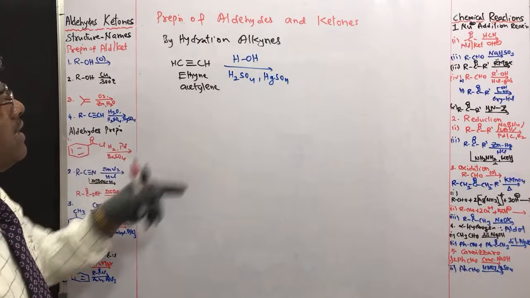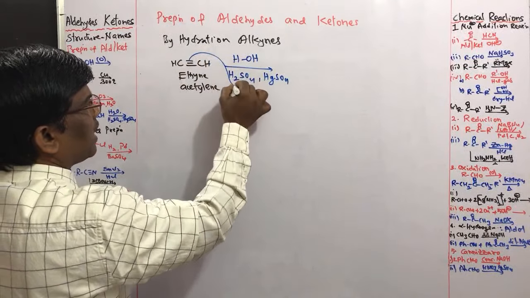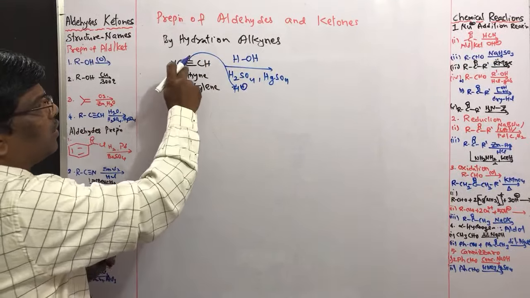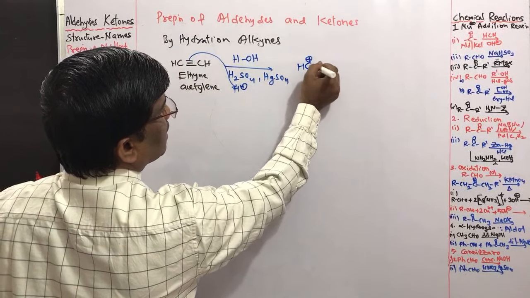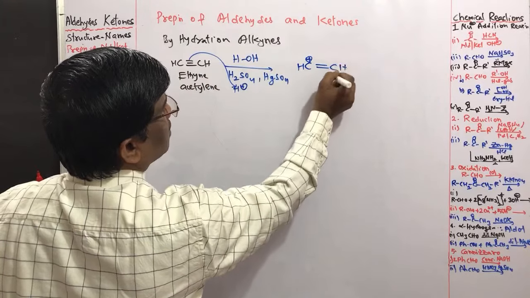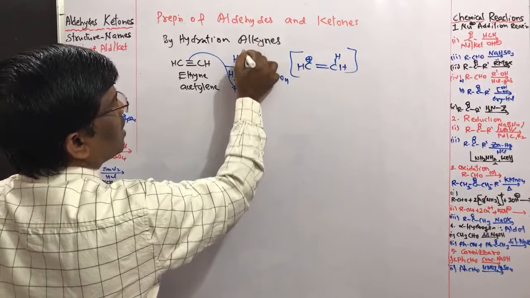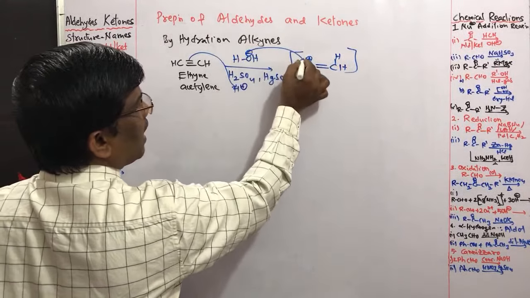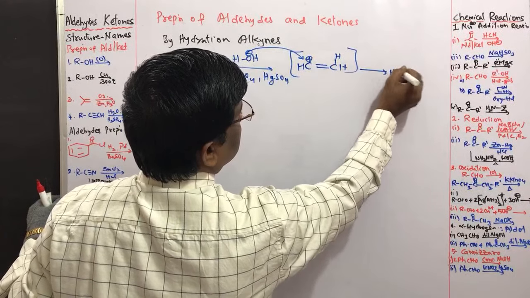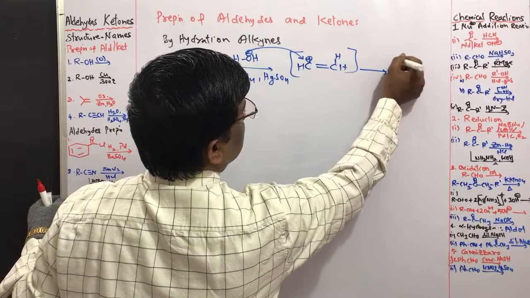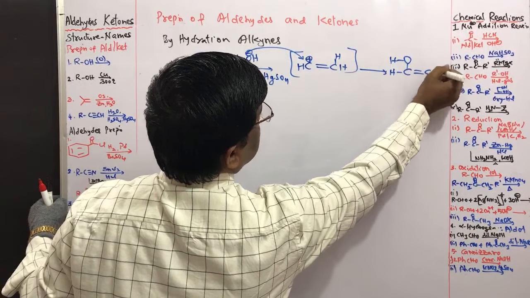Sulfuric acid is going to give H plus ions. These H plus ions are added to this to give a carbocation intermediate. Now the OH from water is going to add to this to give vinyl alcohol.